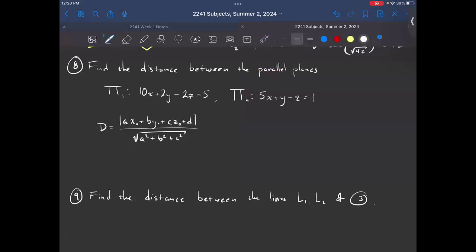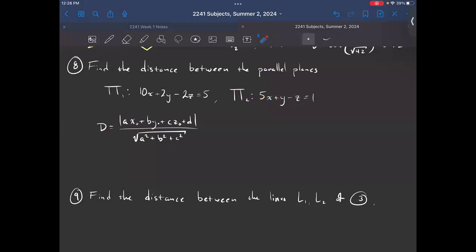Now we need to identify what's going on here. I have a bunch of parameters, A, B, C, and D, and I have some numbers x0, y0, z0. Okay, so what we can do is choose one of these to be the plane in the formula. So let's choose pi 2 to be our plane.